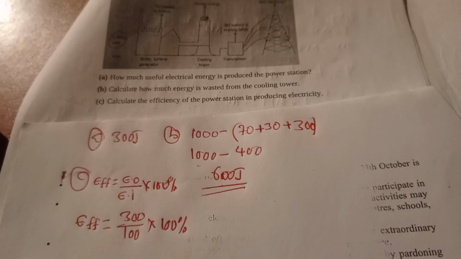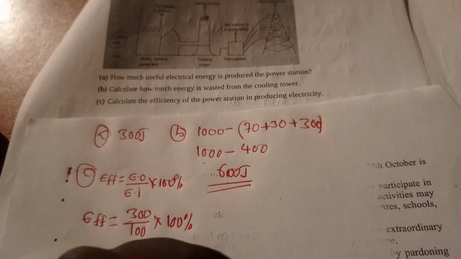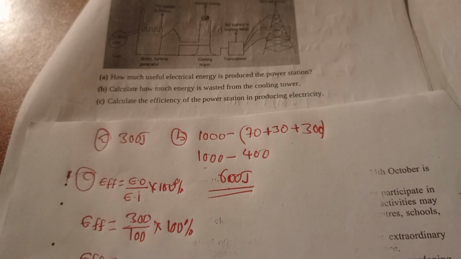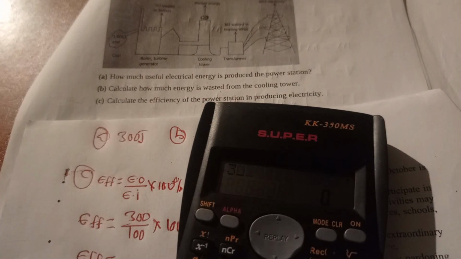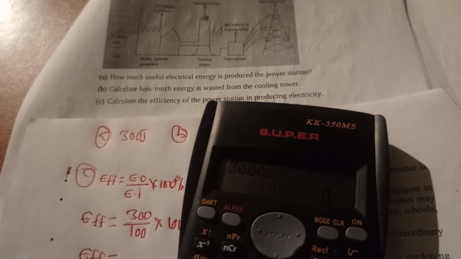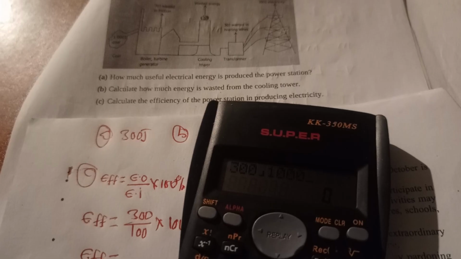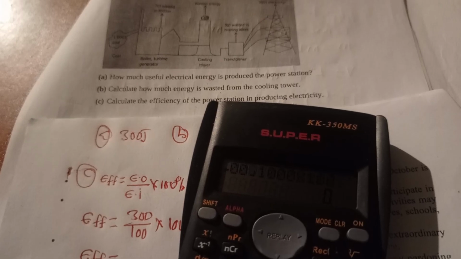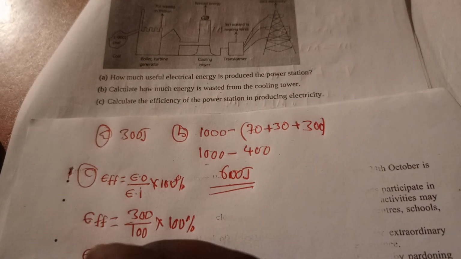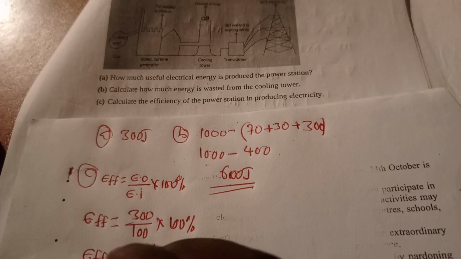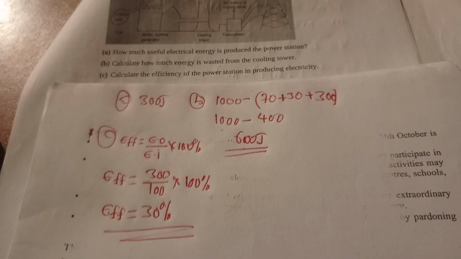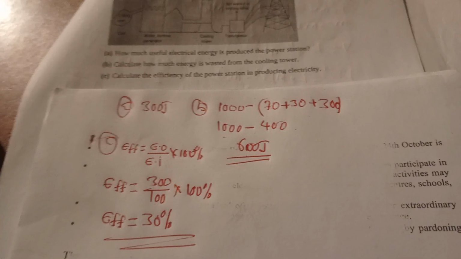After calculating on the calculator, 300 over 1000 times 100% gives 30%. So the answer is 30%. Efficiency is equal to 30%.